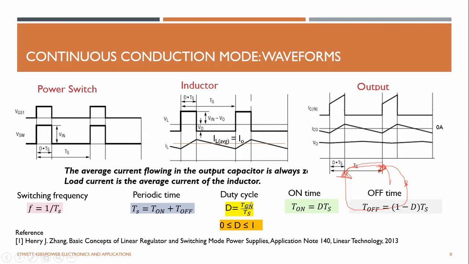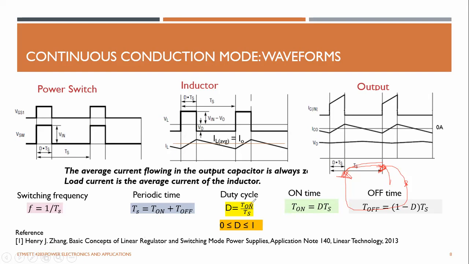If you have 0 turn on time, which means you just turn off the switch all the time, your duty cycle is 0. If you turn on the device for the whole time period, the duty cycle is 1. But normally we don't go to these extreme conditions, either fully turned off or fully turned on. We will switch between these two values, right? The duty cycle can vary from 0 to 1.